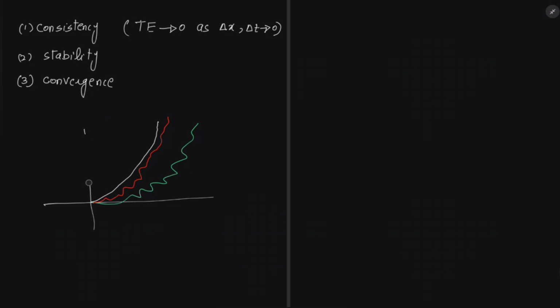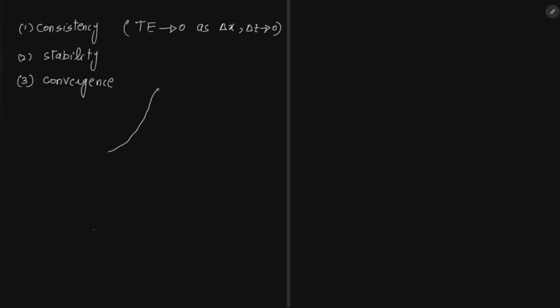The third one is convergence. Convergence means that the numerical method must approach the exact solution. But in theory, it is very difficult to prove convergence. How can you say that the numerical method approaches the exact solution?